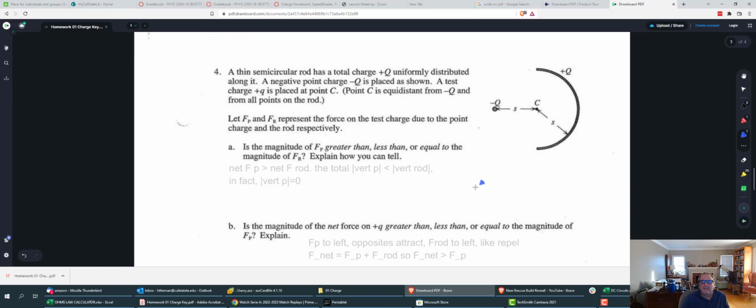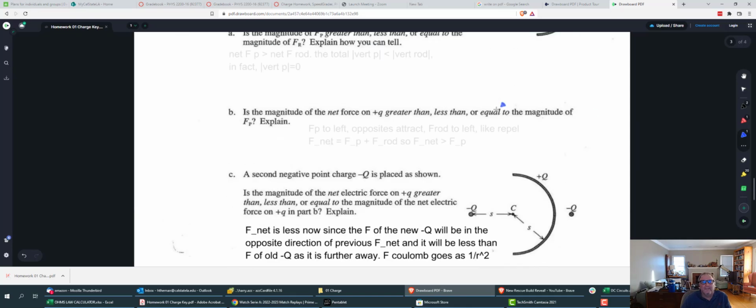Okay, and here, this is the same thing. This negative Q has no vertical components, whereas in this case, instead of being little bits, it's just a continuous distribution. But that just means, once again, you have a whole bunch of vertical components that get smaller and smaller. And so FP has to be greater than F of the rod, simply because FP has no vertical components at all.